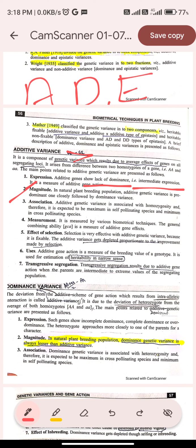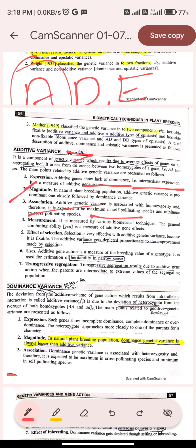Among all types of variance, additive variance is more. Additive variance is associated with homozygosity and therefore it is expected to be maximum in self-pollinated species and minimum in cross-pollinated species.